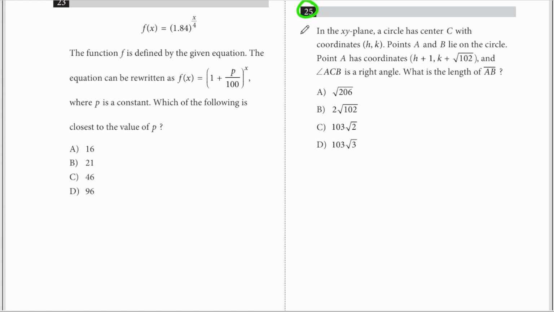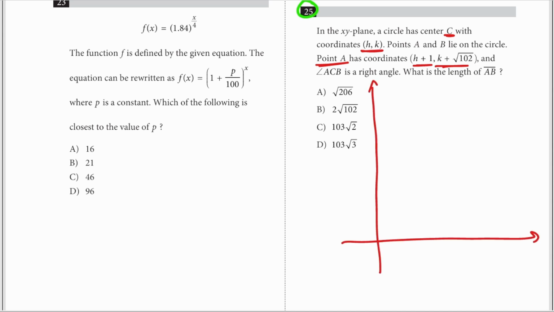So let me try to make the drawing better this time. So we have the initial coordinate C of the center is (h, k), and then point A will have these coordinates. So it's (h plus 1, k plus root 102). So if I draw this one more time, hopefully this time is going to be slightly prettier.